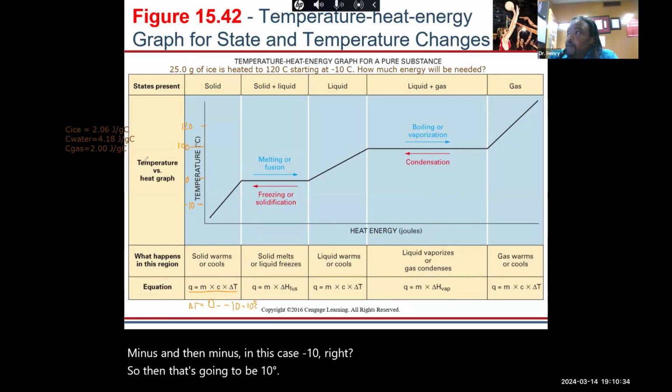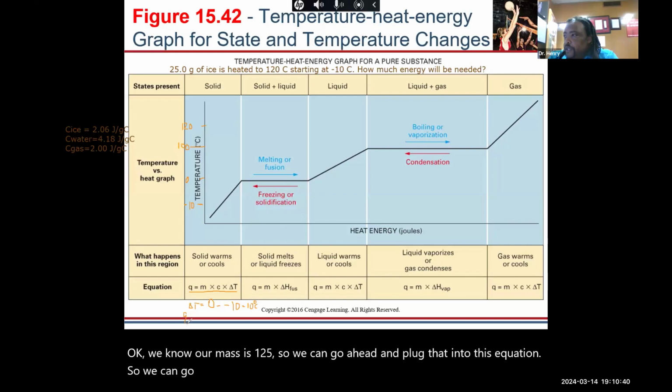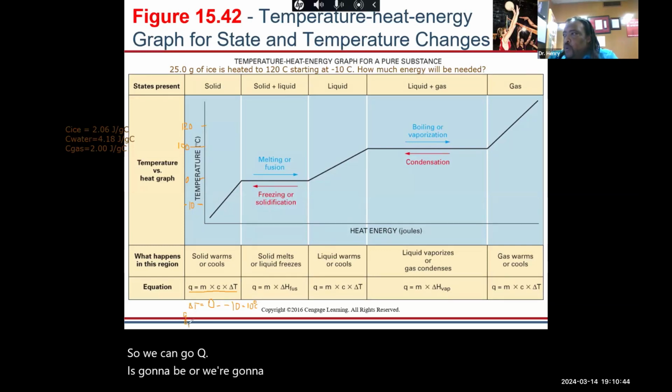Okay. We know our mass is 125. So we can go ahead and plug that into this equation. So we're going to say Q, and we'll call this Q1 since that's the first phase that we're going to go to.